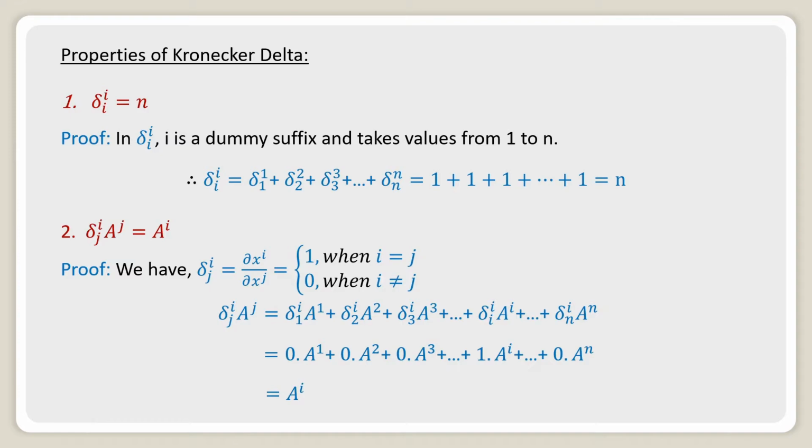In the third term also delta i3 will be equal to 0, and in the ith term, that is delta ii, this value will be equal to 1 into ai plus dot. Again, in the same way delta in will be equal to 0 into an. So, from here you will get only the term ai. This is the second property.